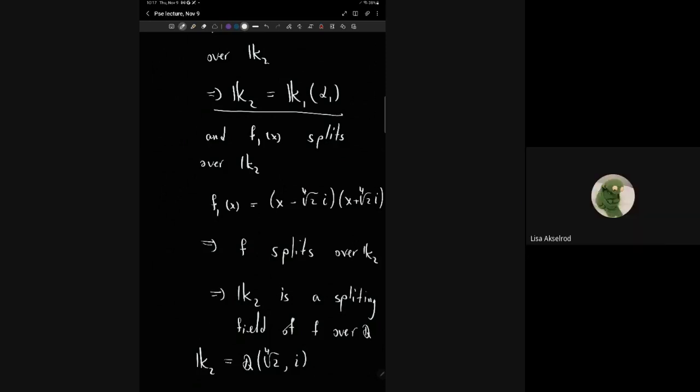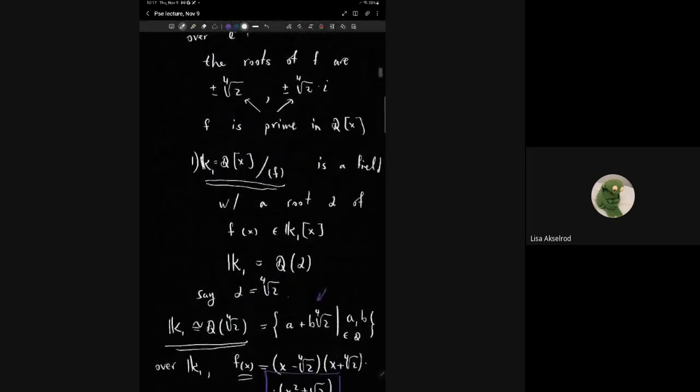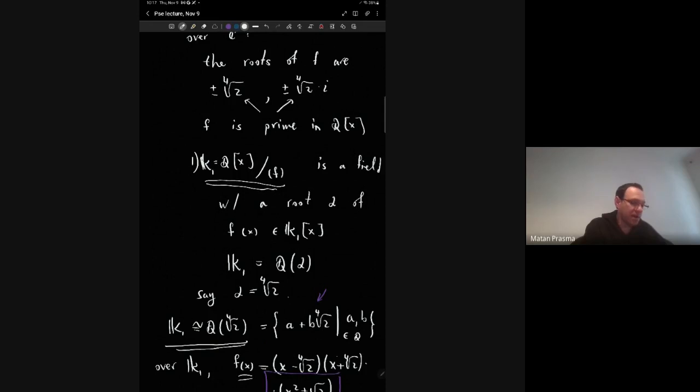I have a question. When we introduced Q[x] over F as K1, by Q[x], did we mean polynomials whose coefficients belong to rational numbers, or we just called it Q[x]? Yeah, that's the notation.